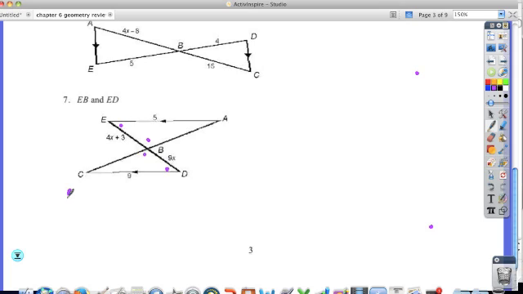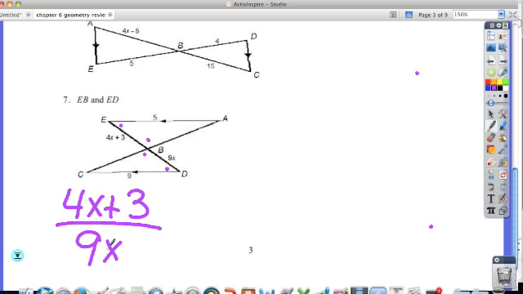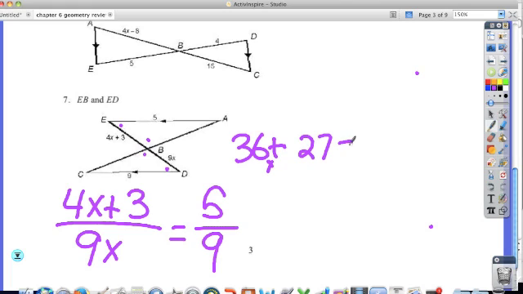So 4x plus 3 over 9x equals 5 over 9. So 36x plus 27 equals 45x.